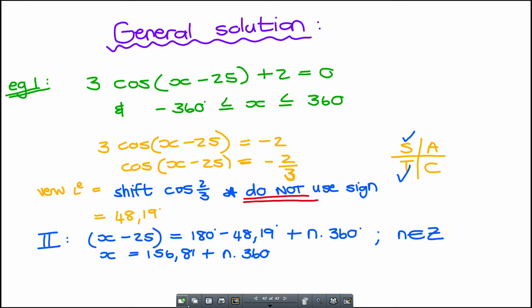Right. So we said also quadrant 3. X minus 25 is equal to, and quadrant 3 will be 180 plus my reference angle, 48,19, en dan weer plus n maal 360.